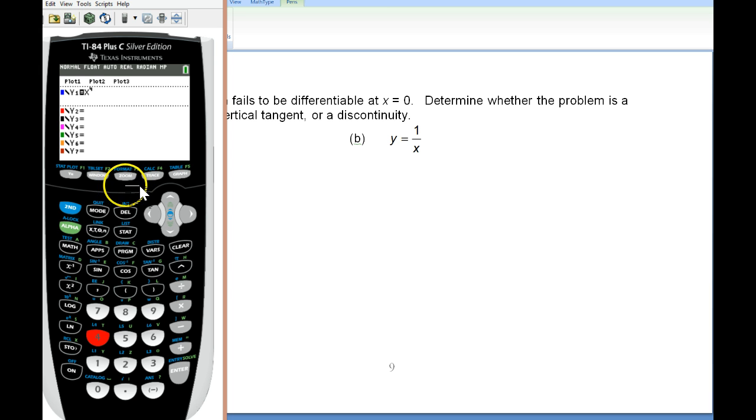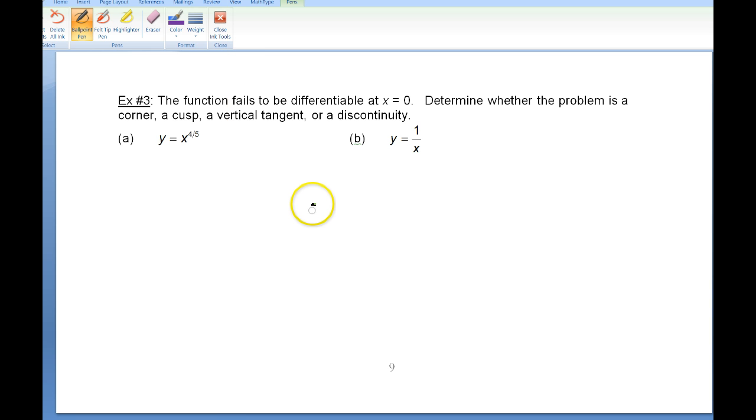Yes. It's even over odd. Okay, so do you see how it kind of curves in? When it has that kind of effect, that is definitely going to be our cusp.